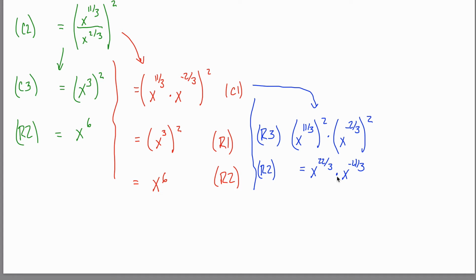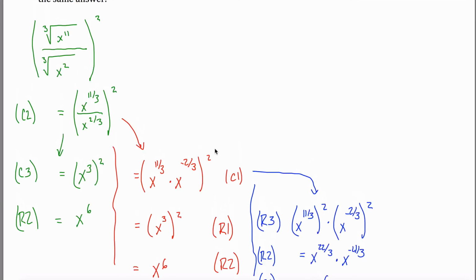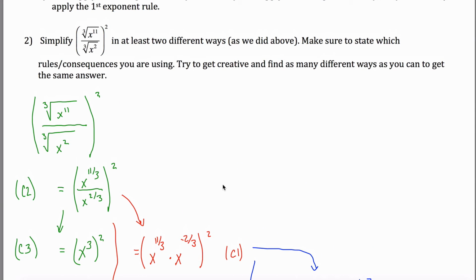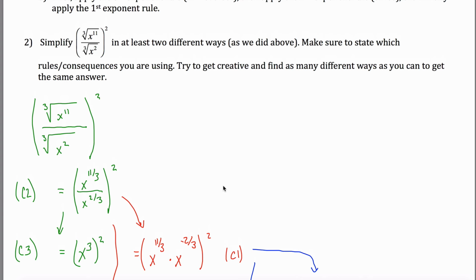And now I've got the same base, so I can add up those exponents using my first rule. It says that that's equal to whatever 22/3 plus negative 4/3 is. I guess that's 18/3, but 18/3 is just 6. So you get x to the 6th power. So there's a couple, I guess 3, ways you could do this. There are lots of different ways you could do this if you were so inclined.